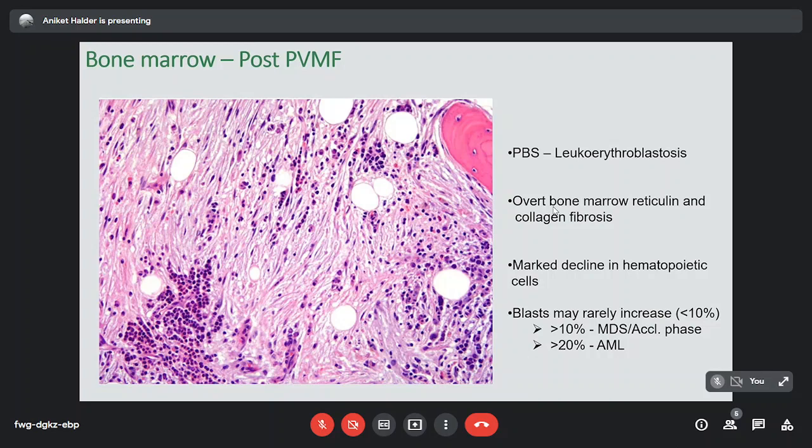Blasts in post-polycythemia vera myelofibrosis may rarely increase, but it is usually less than 10%. If the blast percentage in the bone marrow is more than 10%, and if there is presence of dysplasia in the different cell precursors, then we have to consider myelodysplastic syndrome or an accelerated phase of AML. And if there is more than 20% blast in the bone marrow, then AML should be considered.